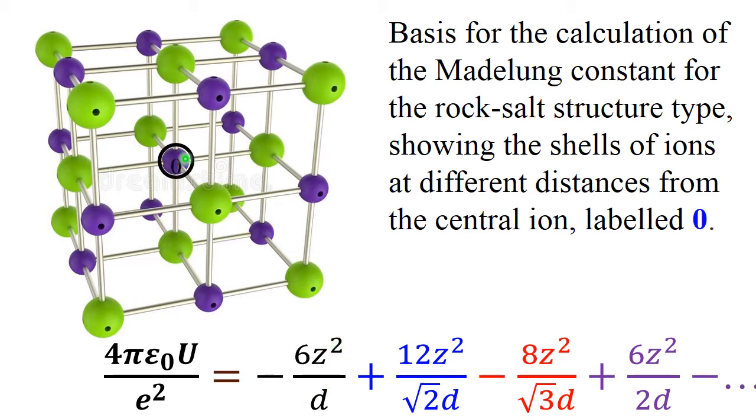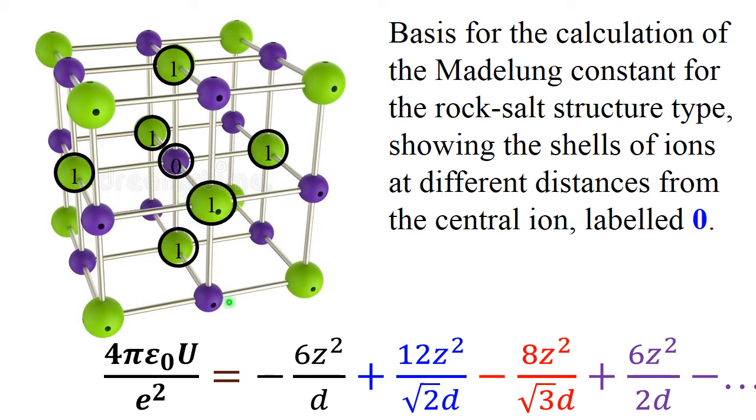First, we fix our central ion with 0. Next, we look at its 6 neighbors. First layer, and this is easy to calculate from the distance between them.